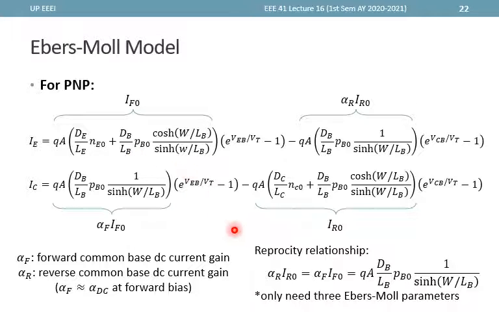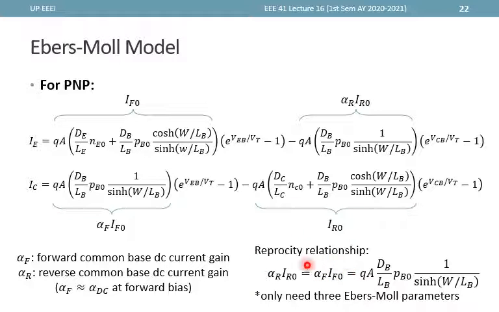It can also be observed that this alpha R IR naught is exactly equal to this alpha F IF naught. So for the whole of the Ebers-Moll model, we actually need 4 constants: IF naught, IR naught, alpha R, and alpha F. Although with this equation, we can just solve for 3 of these parameters and use this equation to solve for the 4th one.